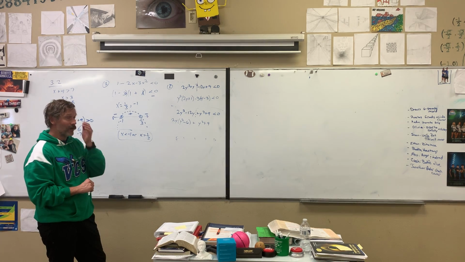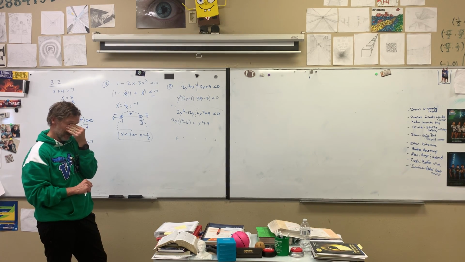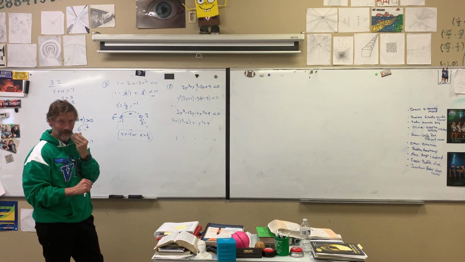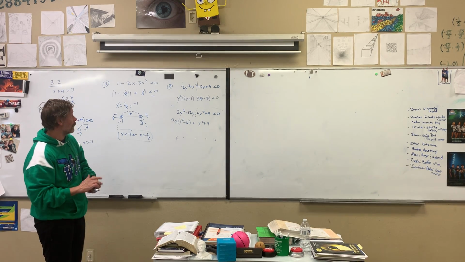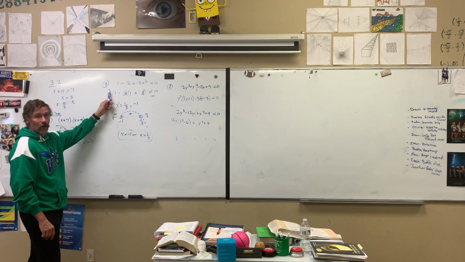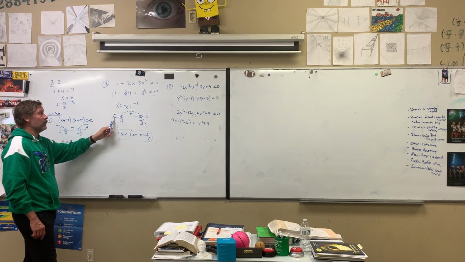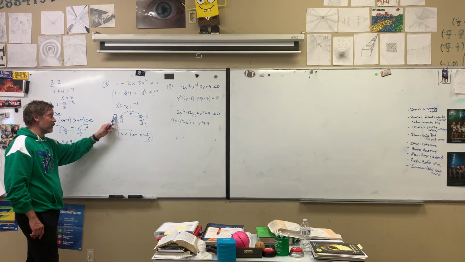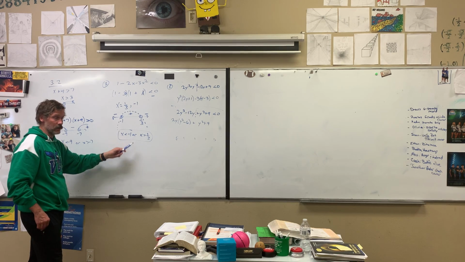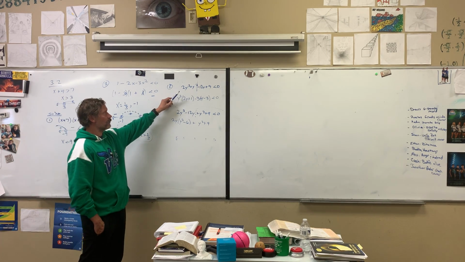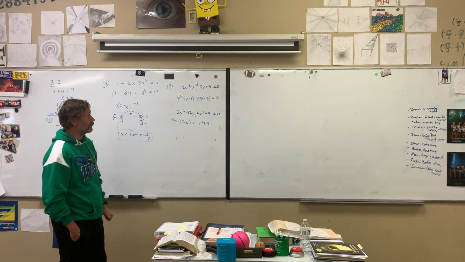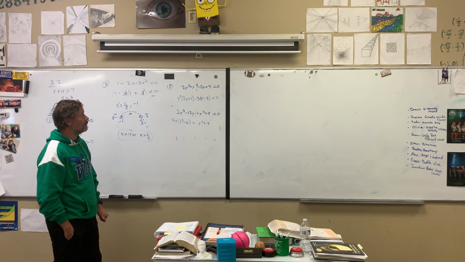If one like this was on the test, I would probably say solve with a graphing calculator, show your sign graph like we just did there to come up with your solution.